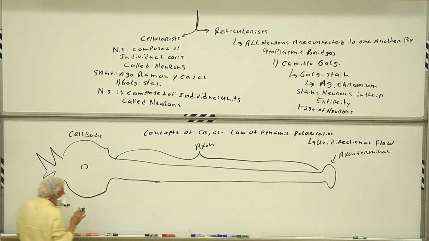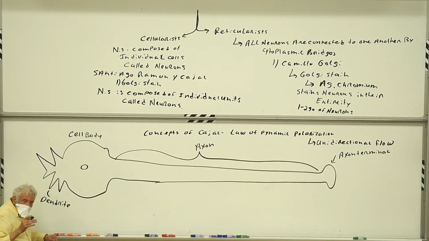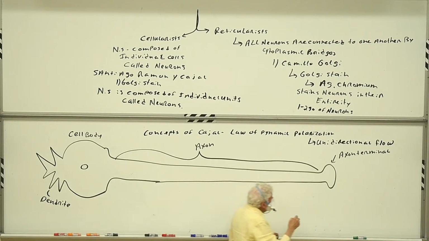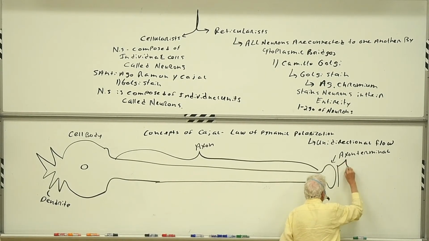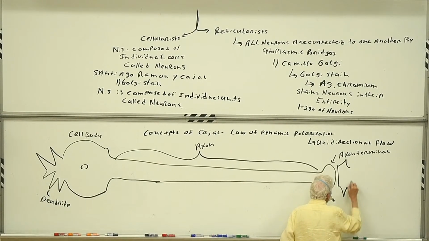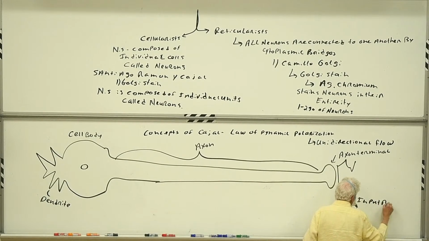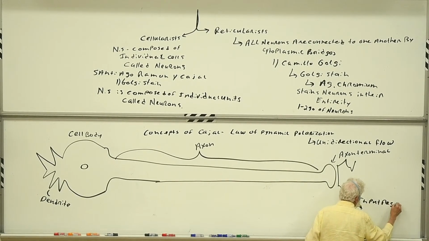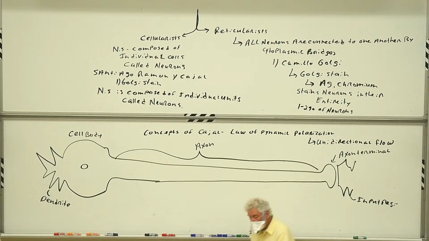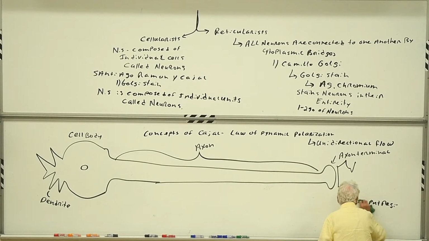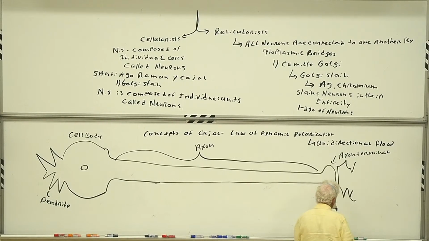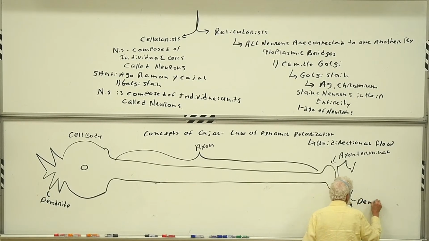He didn't know it at the time, but a few years later, people began to recognize that this axon terminal would now connect to the dendrite of the neighboring cell.